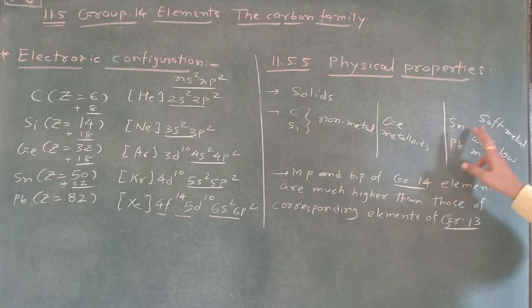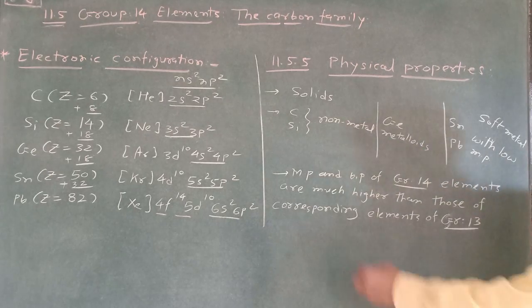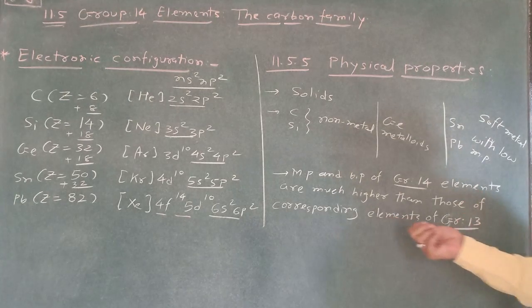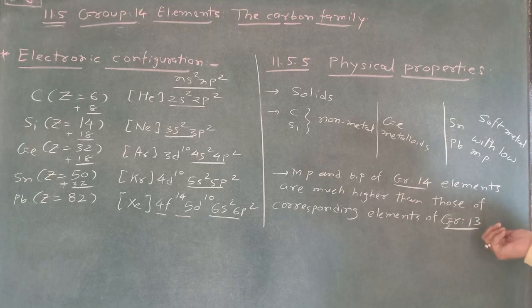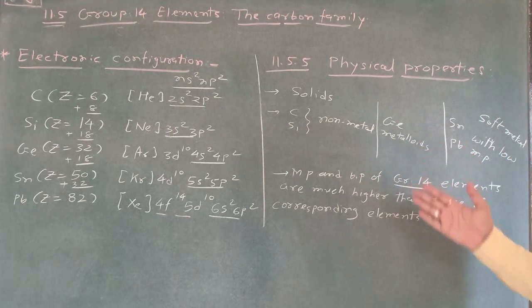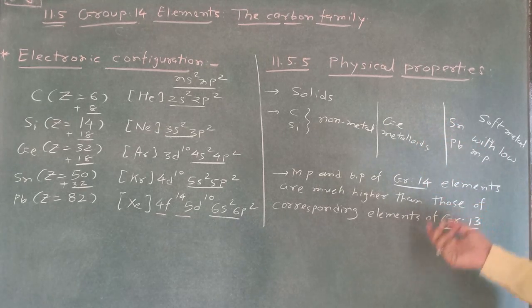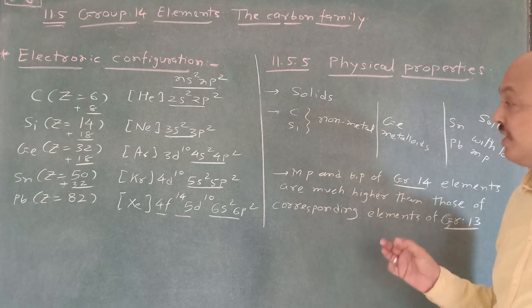And tin and lead are soft metals with low melting points. The melting point and boiling point of group 14 elements are much higher than those of the corresponding elements of group 13. You already observed that in the tabular form. So this is all about physical properties of group 14 elements. In the next lecture we switch to chemical properties. So lecture number 6 is complete.